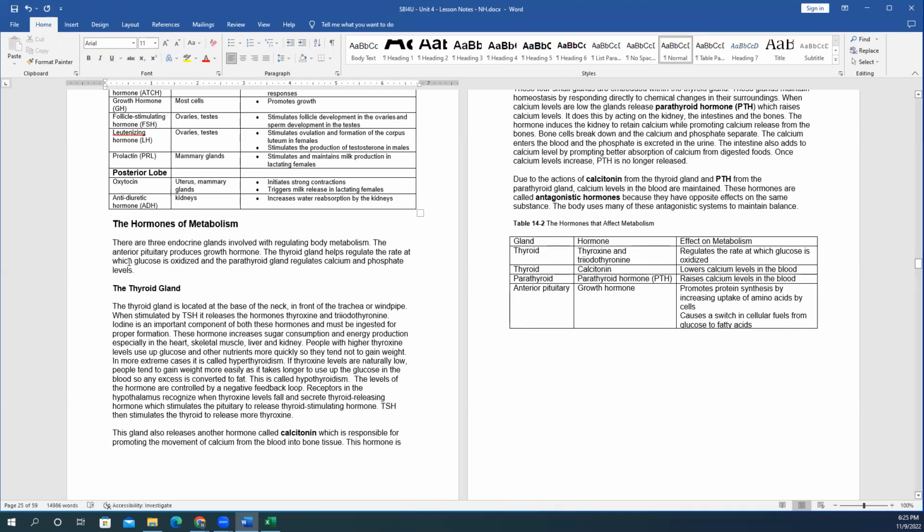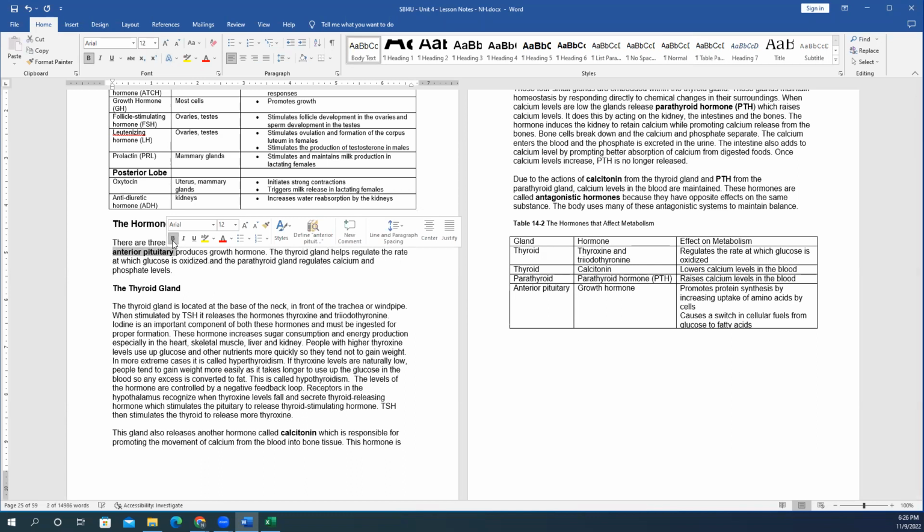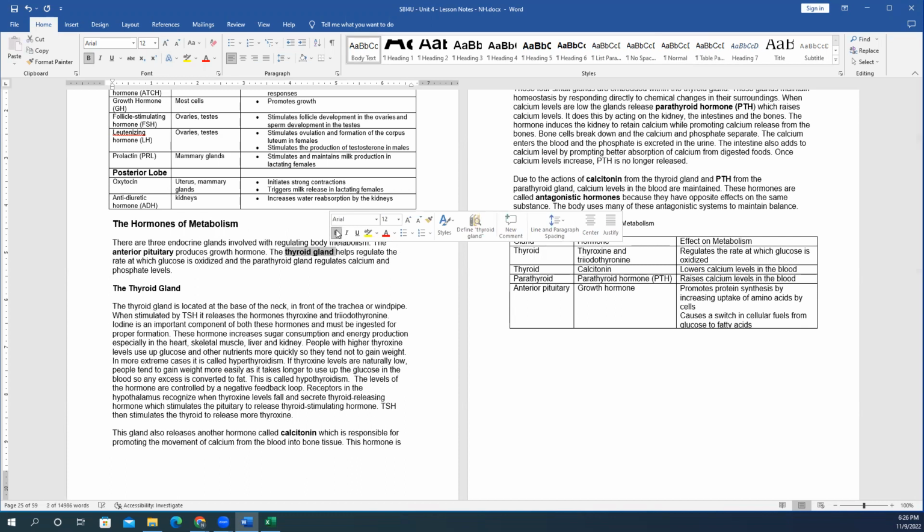One of them is the anterior pituitary, which we discussed, that produces the growth hormone, and that directly affects metabolism. Also, the thyroid gland is another one that helps to regulate, for example, the rate at which glucose gets oxidized, and also the parathyroid gland.